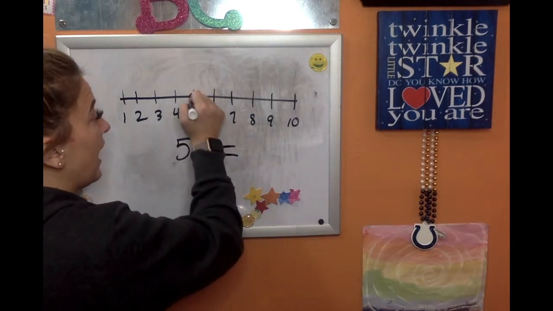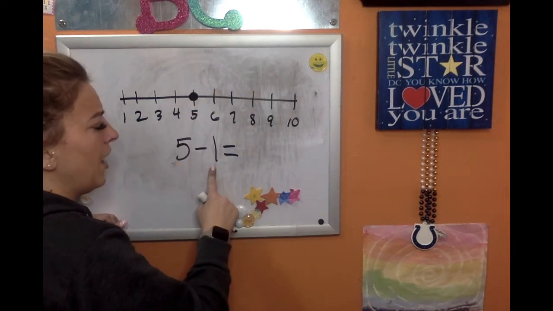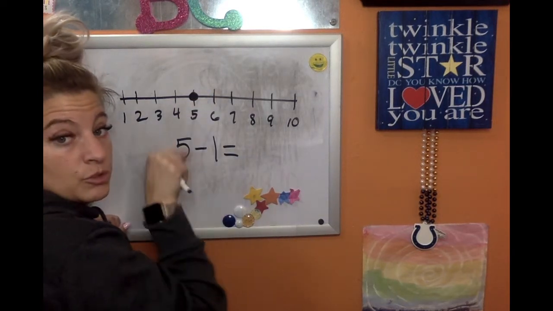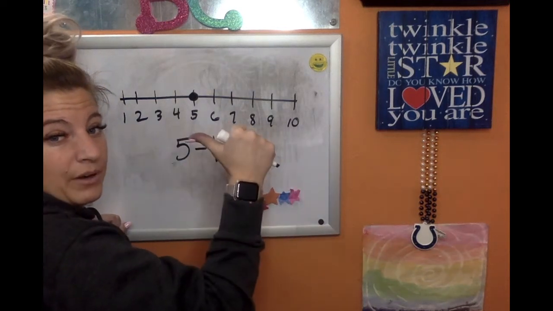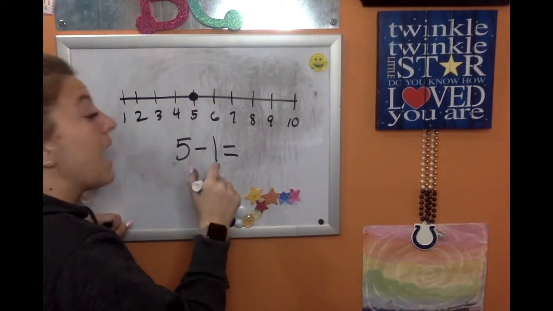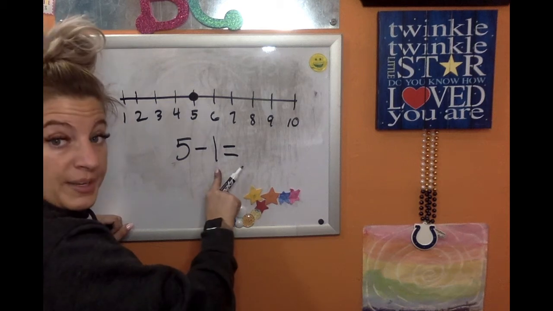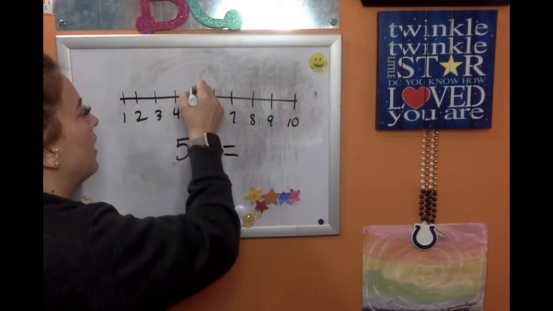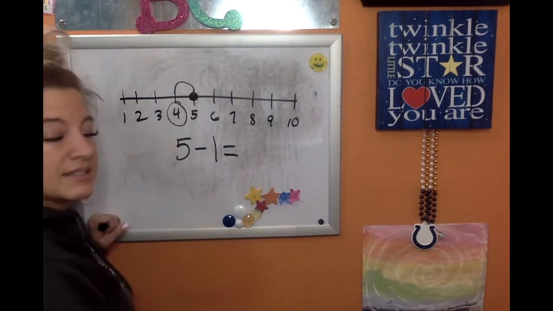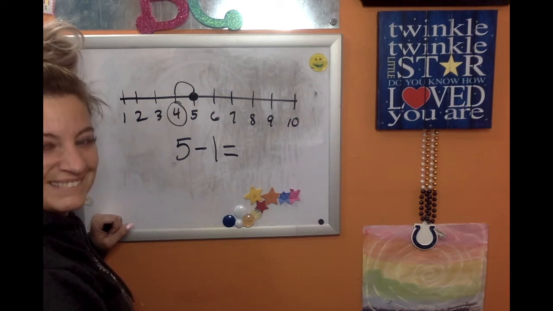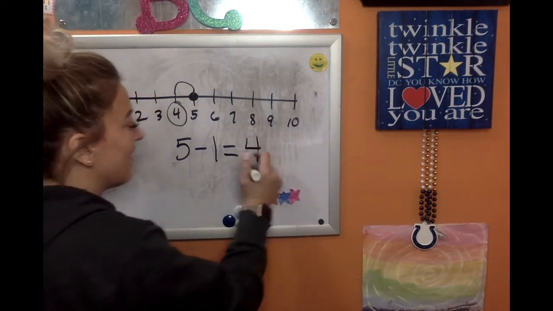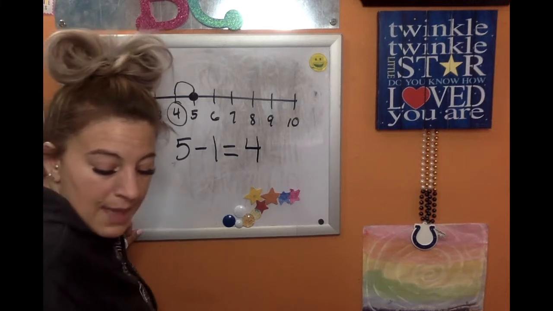We start on 5. How many hops do we do, and where do we go? Do we go forwards or backwards? Backwards. And how many hops backwards do we go? 1. What is our answer? 4. Woohoo! Let me write that down.